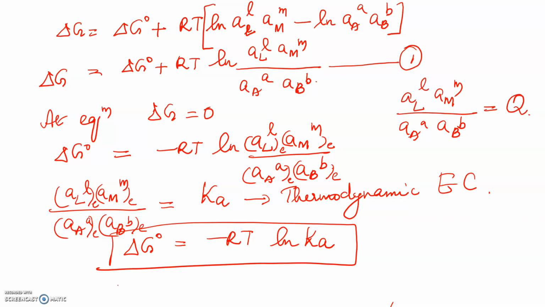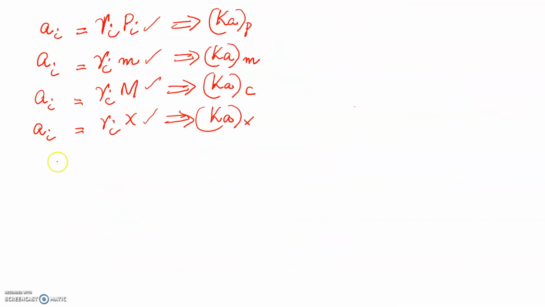So, let's rewrite equation 1 by including Q and delta G0. What are we doing? We are rewriting 1 by substituting delta G0 and Q. Delta G is equal to minus RT ln Ka plus RT ln Q.